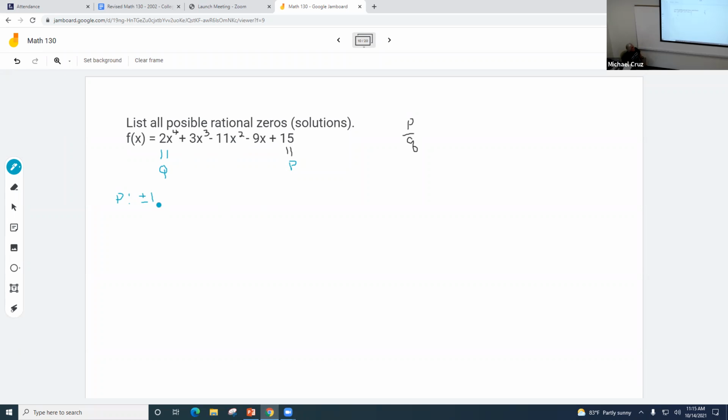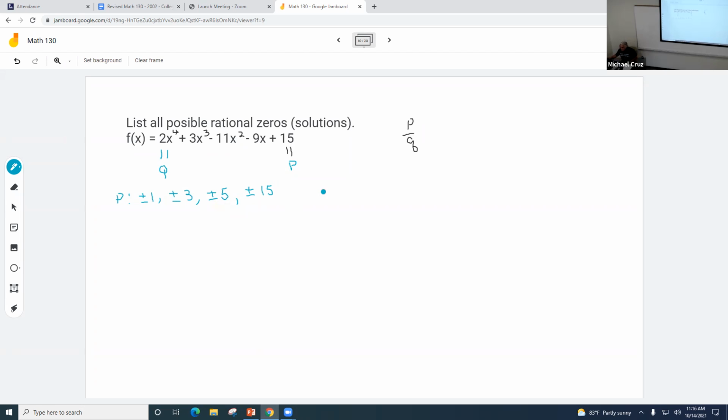We put plus or minus because it's a positive 15, but it could be a negative 15, so we always do plus or minus. Okay, so that's all the possible factors of 15.